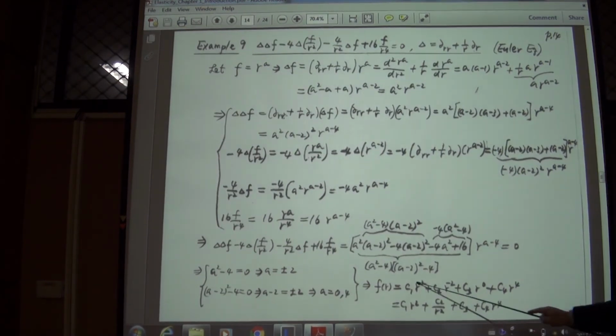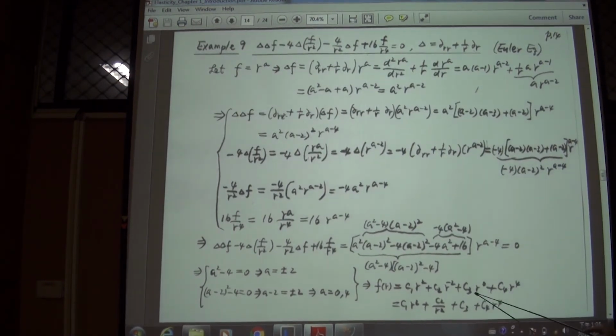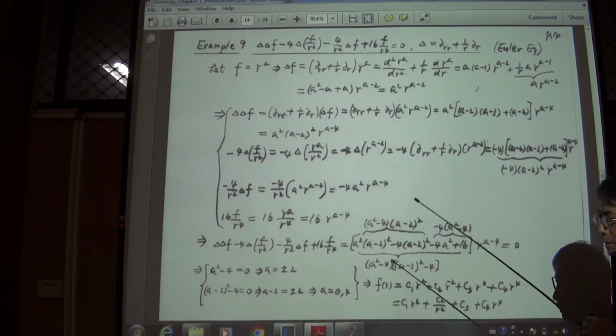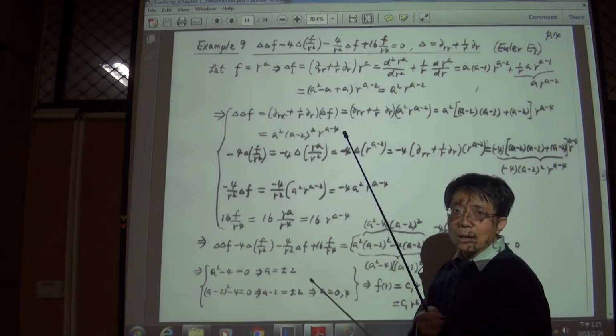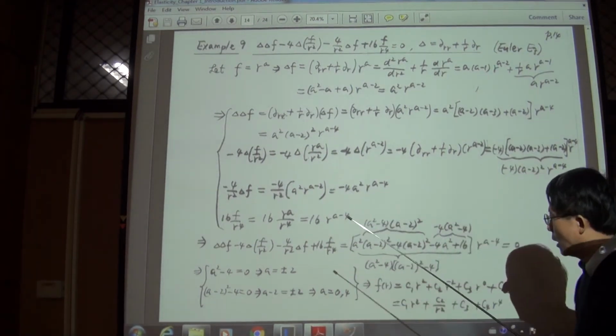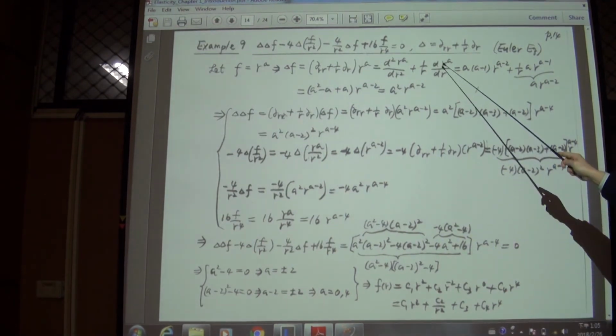So finally we get this solution, and r^0 is just 1. Okay, finally, we use a common skill like this to get the general solution of the Euler equation like this.